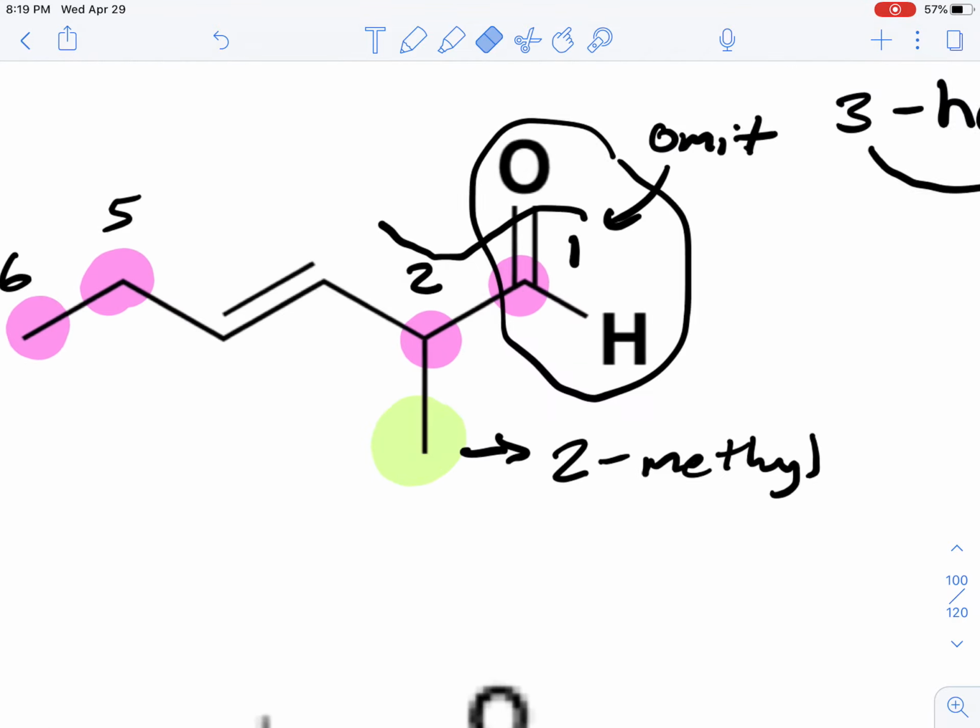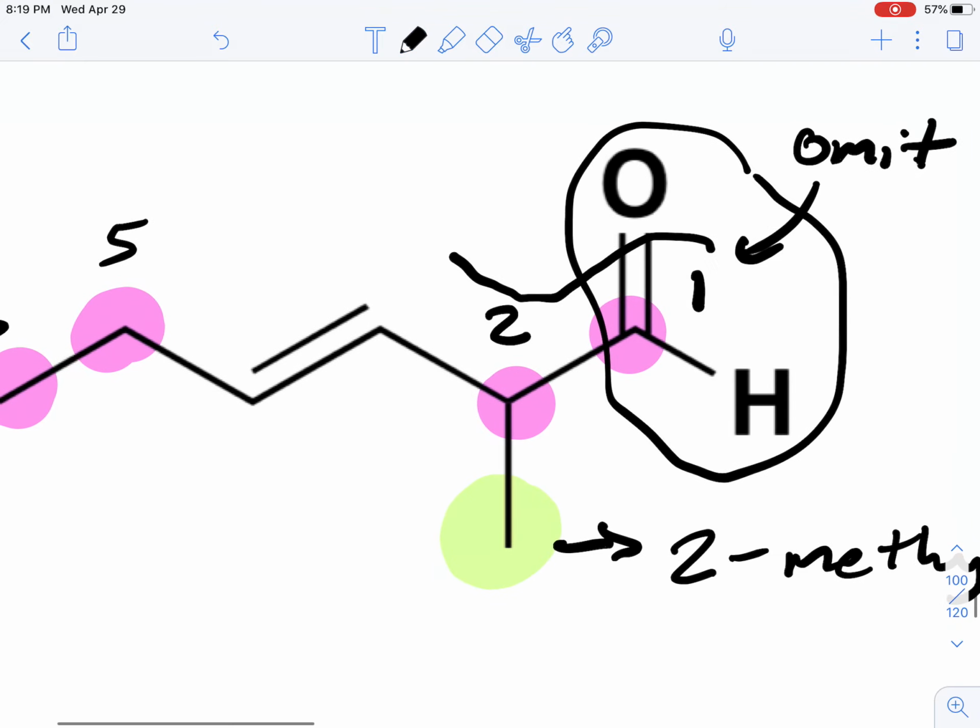And so if I count the number of bonds that I have for carbon 3, so this is carbon 3 right here, this is 1, 2, 3. So I have on carbon 3, 3 bonds. And so that means that for that carbon to fulfill its octet, I need 1 more bond, and that's probably going to be filled in with a hydrogen.